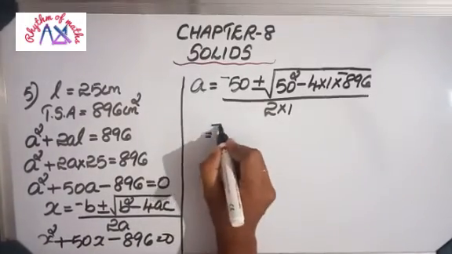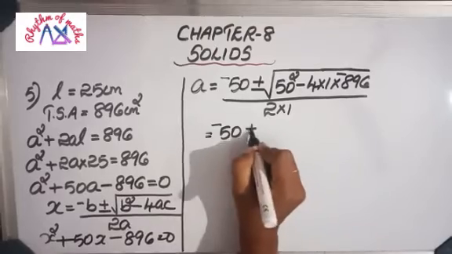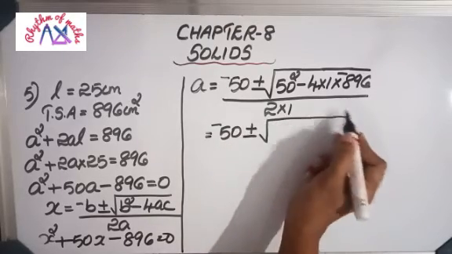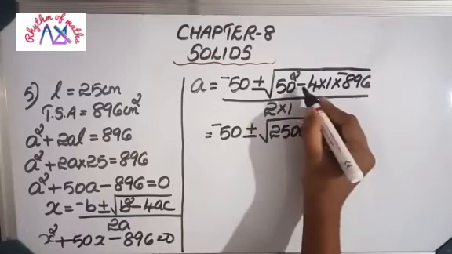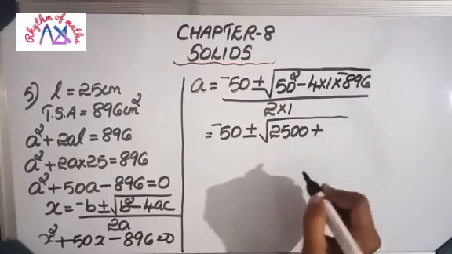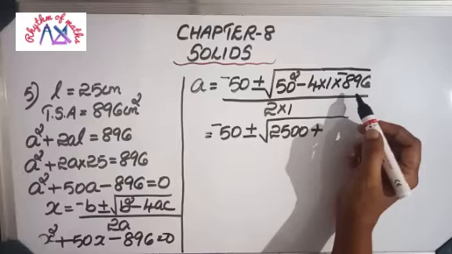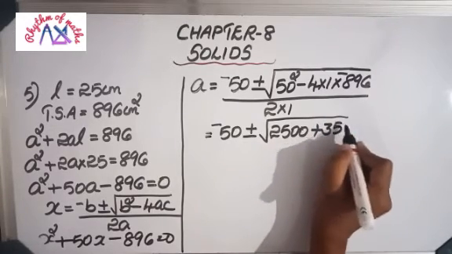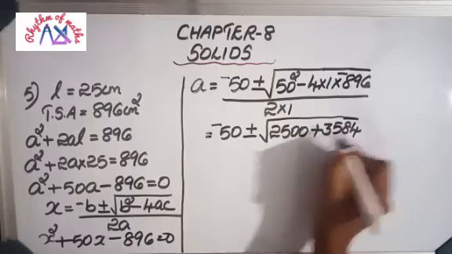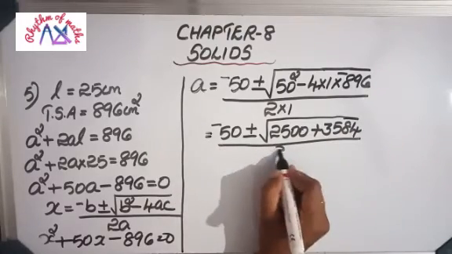Now here it is minus 50 plus or minus root of 50 square, that is 2500. Negative and negative is positive. Now 896 into 4, the answer is 3584, whole divided by 2.